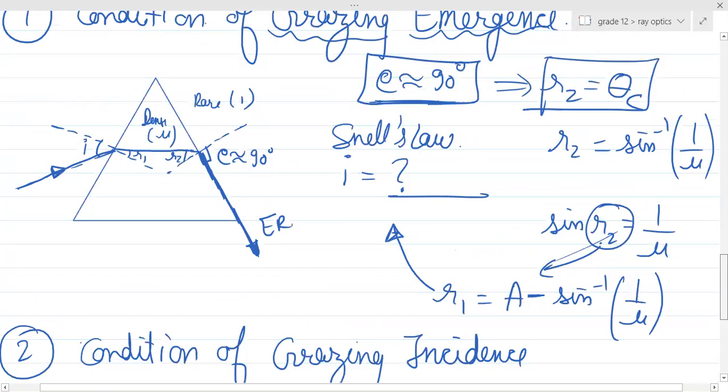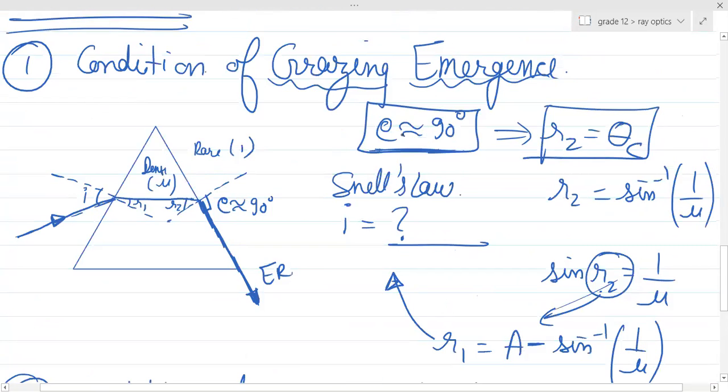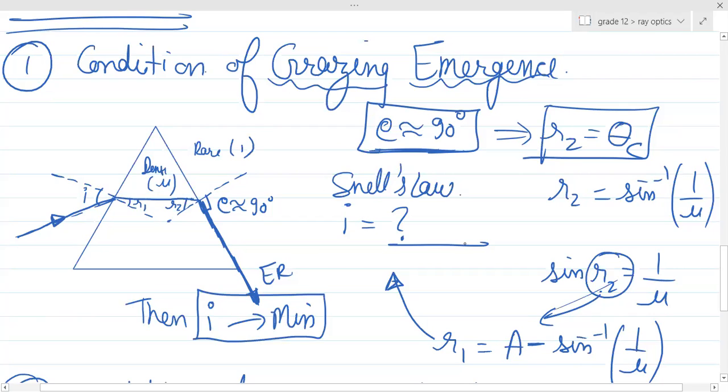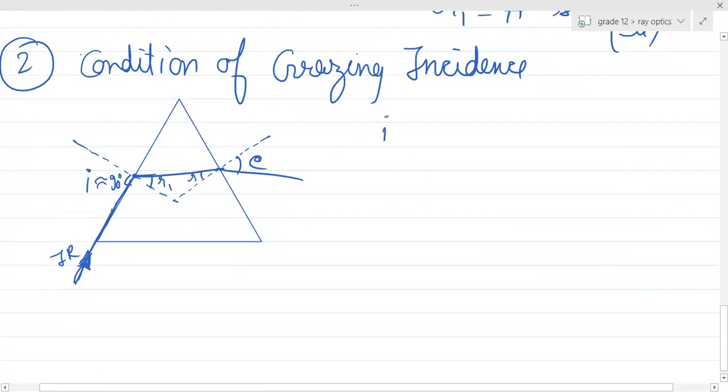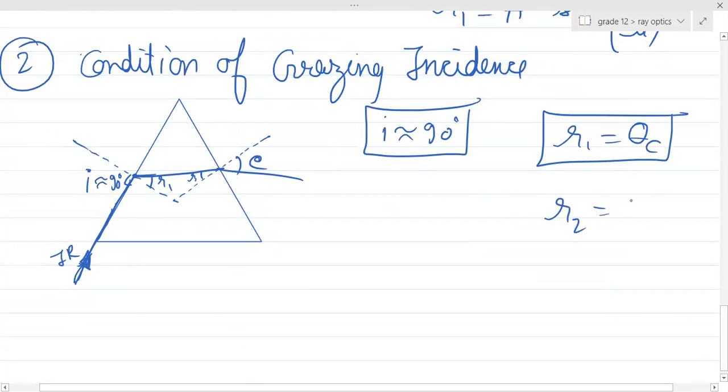By the way, please remember, whenever in this particular case E is 90 degrees, then I becomes minimum. Always remember, this I which you will get will be the minimum possible value of I. And similarly, in this case, when angle of incidence is 90 degrees, then R1 will be the critical angle, then R2 will be A minus theta c, and again E will be equal to something.